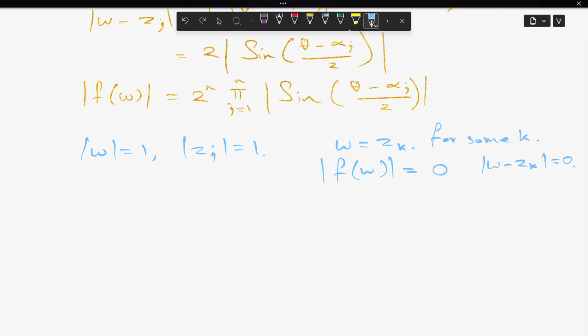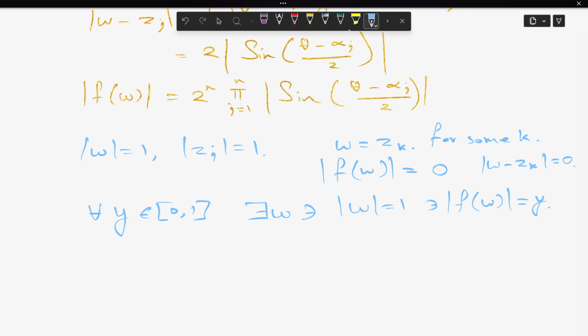Now the intermediate values. We need to show that for every y belonging to this closed 0 1, there exists omega such that modulus of omega equals 1 and modulus of f omega equals that y.